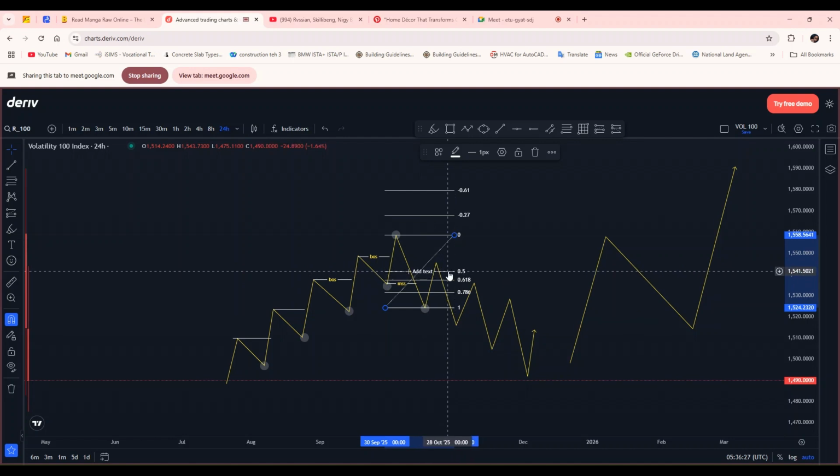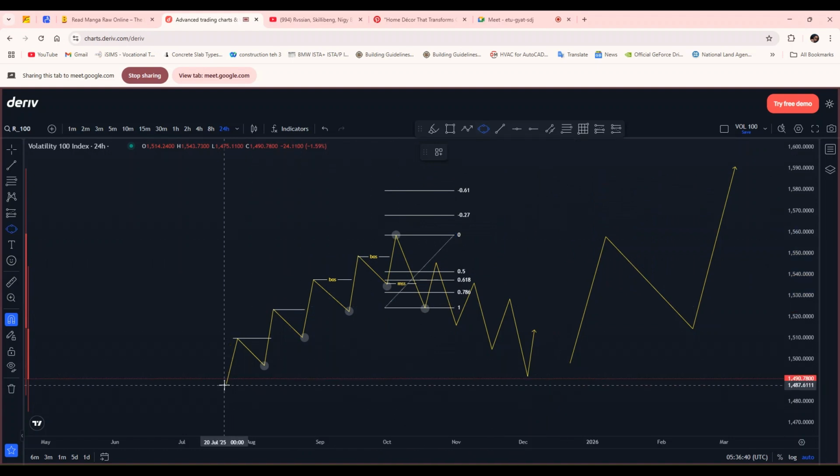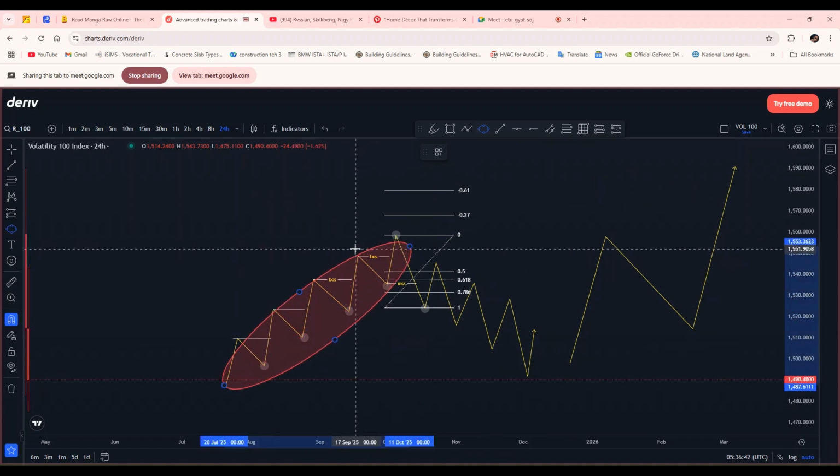And while it pulls back into the 50%, this pullback, this specific leg that you have here going up, just picture that this leg is a replica of this uptrend right here.